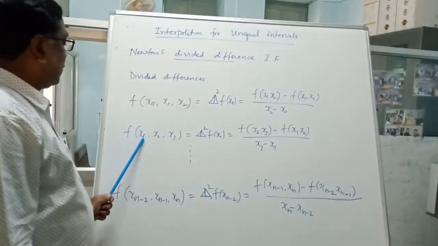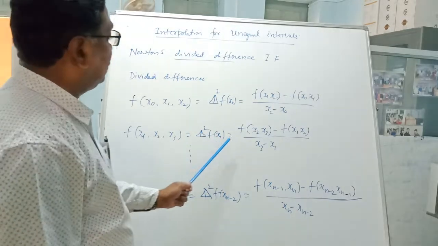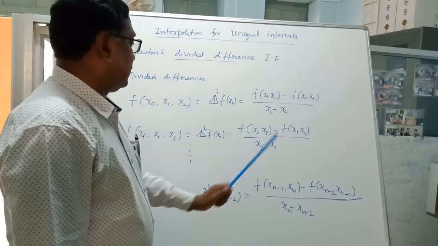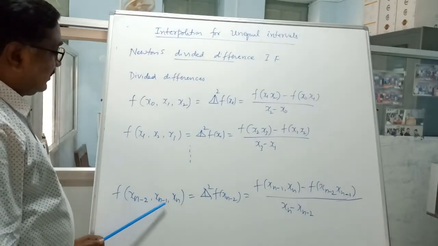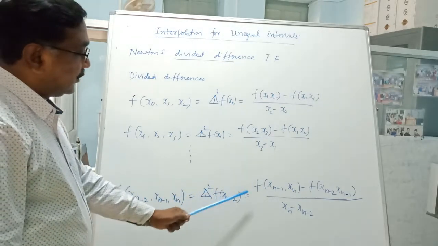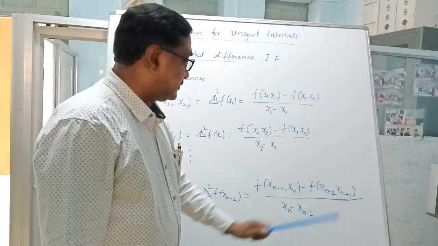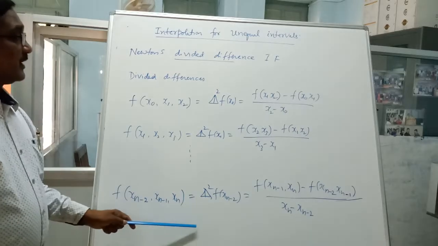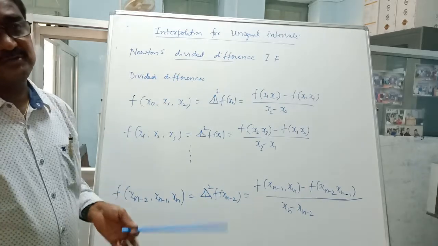Next, f of x1, x2, x3, which is delta square f of x1, is f of x2, x3 minus f of x1, x2 divided by x3 minus x1. Similarly, f of x n minus 2, x n minus 1, x n, delta square f of x n minus 2, is f of x n minus 1, x n minus f of x n minus 2, x n minus 1 divided by x n minus x n minus 2. These are called the second divided differences. Similarly, you can define the third divided differences and so on.